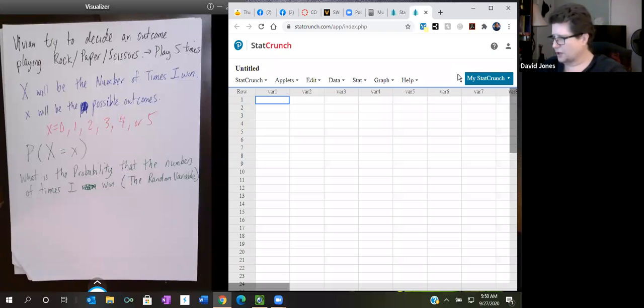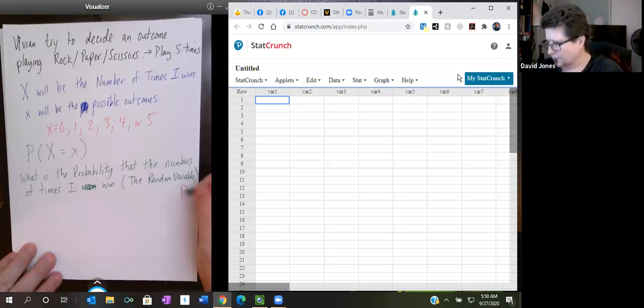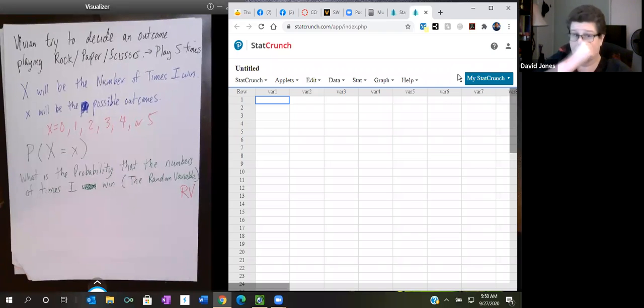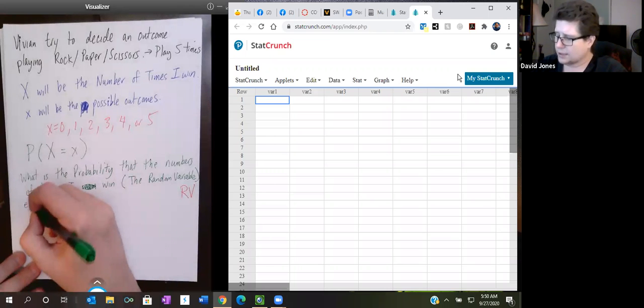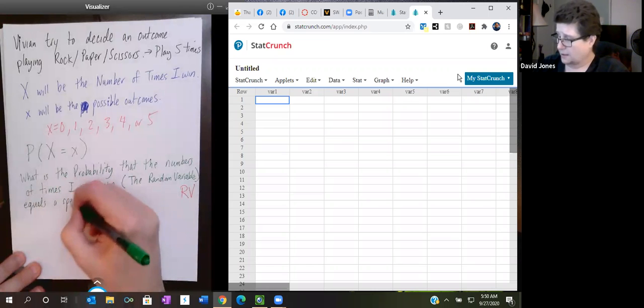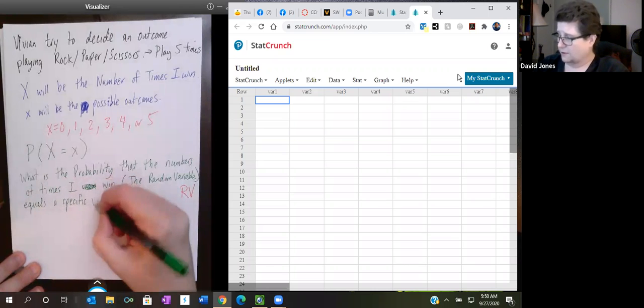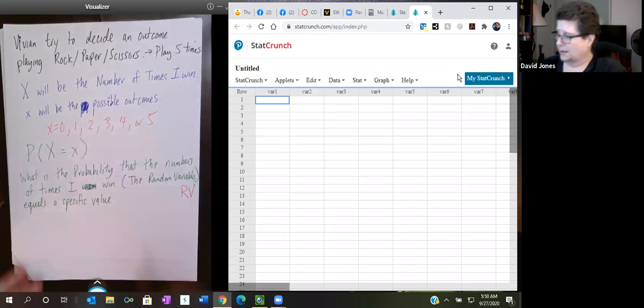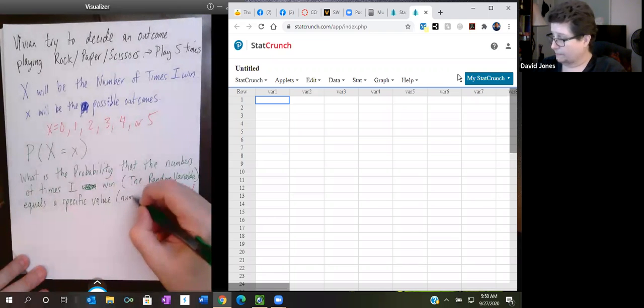And in the future, I'm going to use RV for random variable. Writing out random variable repeatedly in this chapter is going to suck, so I'm going to use RV. What is the probability of the number of times I win, which is the random variable, equals a specific amount, or a specific value? And that's my numerical outcome.